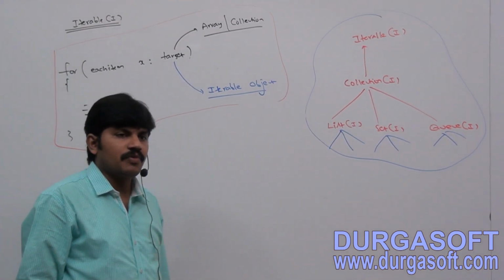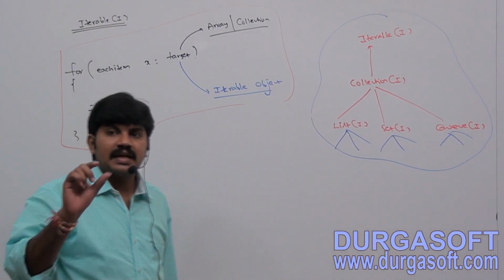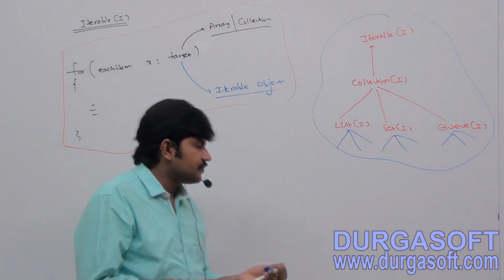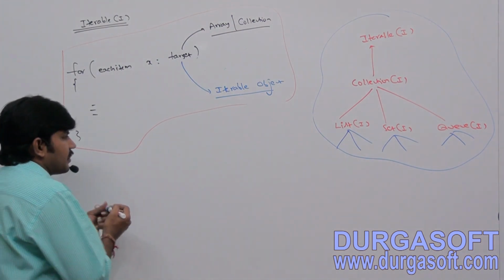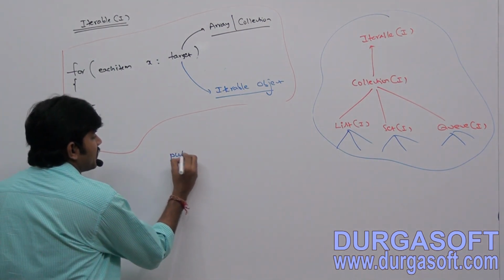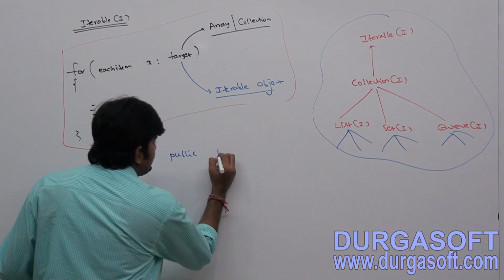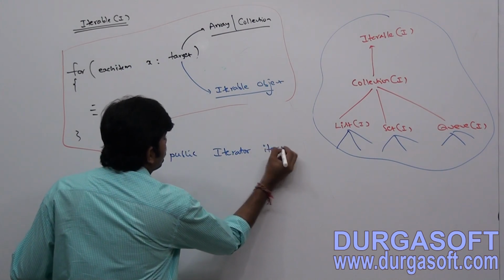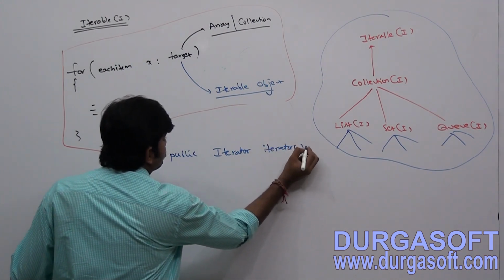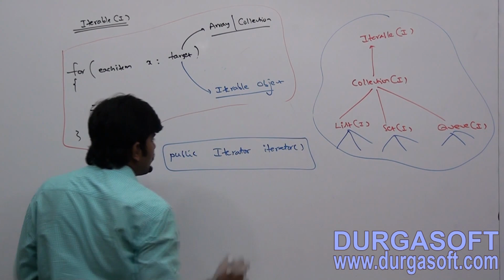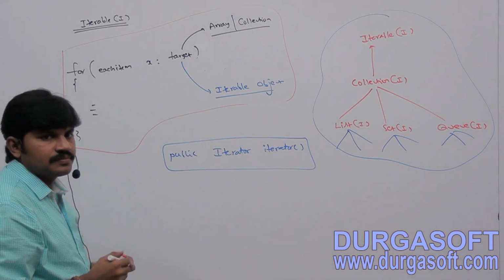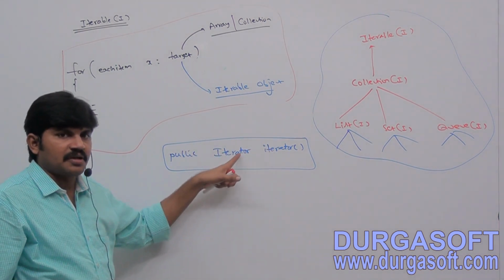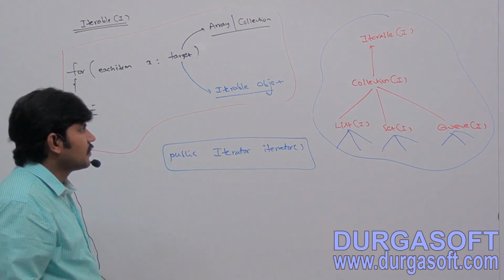What is that method? Iterator. It is better to take the complete signature: public Iterator iterator. Iterator is the method name, and the return type is Iterator.